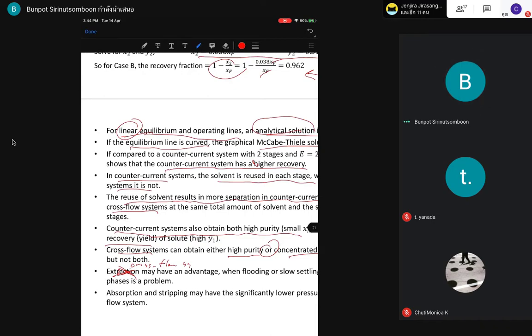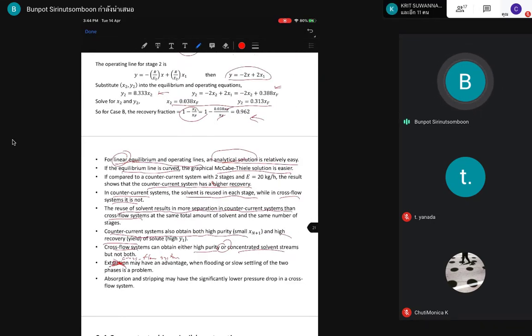So you may think that counter current is better, because I just said that counter current gives you both high purity and high recovery, while for cross flow you can only choose one. Counter current gives a better separation, but the cross flow system has an advantage.